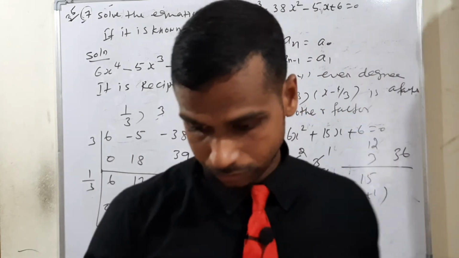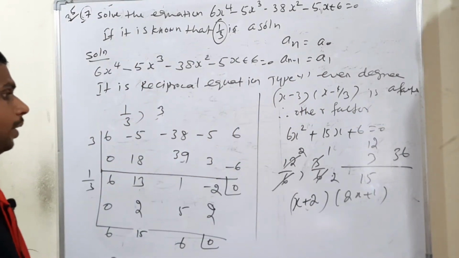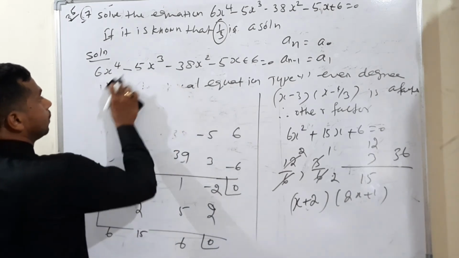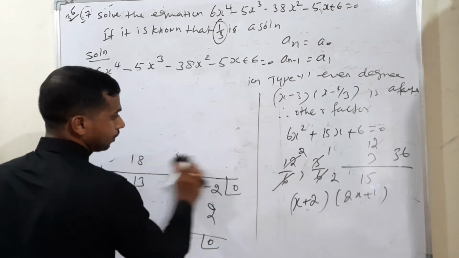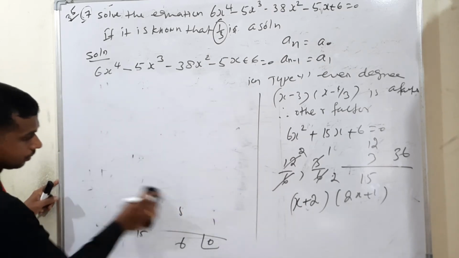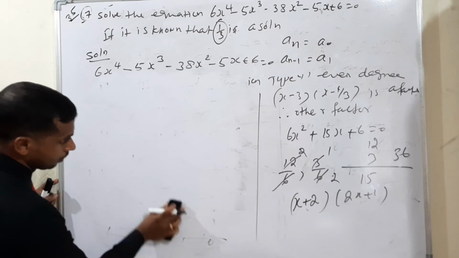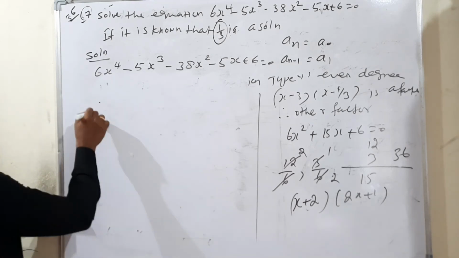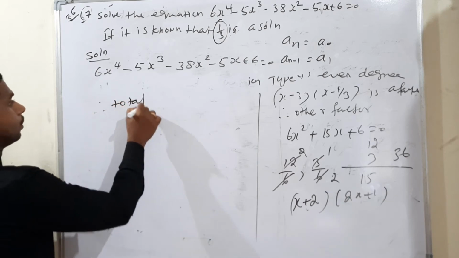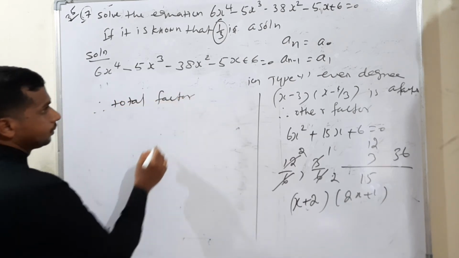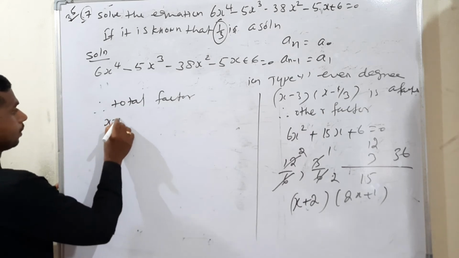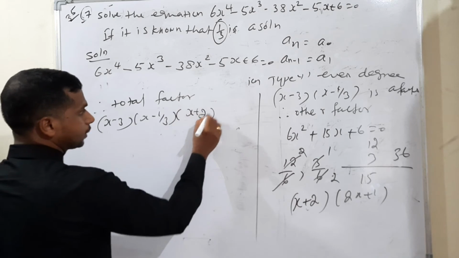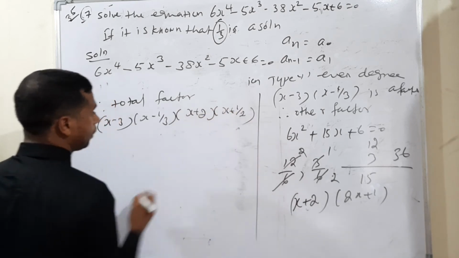Now, so x plus 2 and 2x plus 1, therefore the total factors are x minus 3, then x minus 1 by 3, then x plus 2, then x plus 1 by 2.